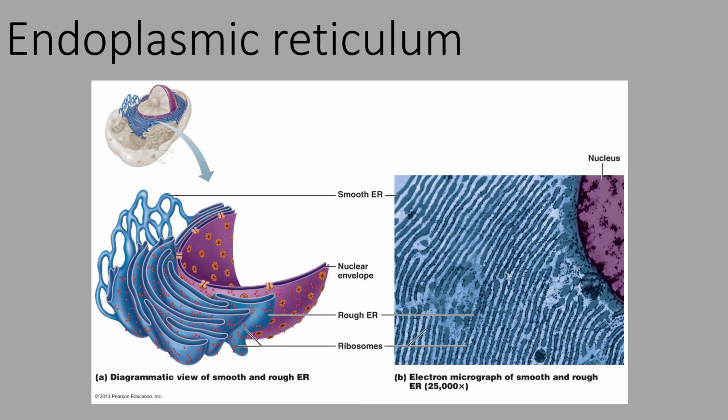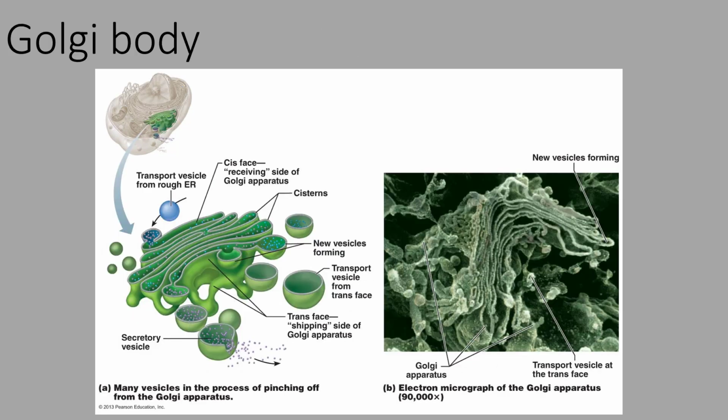So we've got that protein that the ribosomes on the rough ER made. It was pushed into the rough ER. A piece of the rough ER containing that protein has now broken off and now is a vesicle with that protein trapped inside. That protein trapped inside of a vesicle, we see it right here, is going to travel away from the rough ER to the next organelle called the Golgi body or the Golgi apparatus, or sometimes just the Golgi.